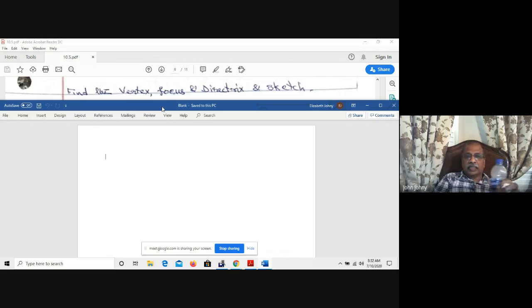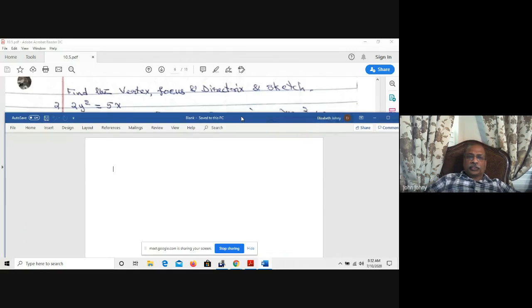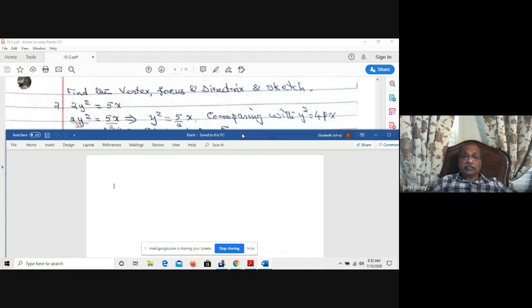Find the vertex, focus, directrix, and sketch. Question number 2. 2y square is equal to 5x. So the vertex is definitely (0, 0), but you solve for y square. 2y square is equal to 5x means y square is equal to 5 over 2 x.